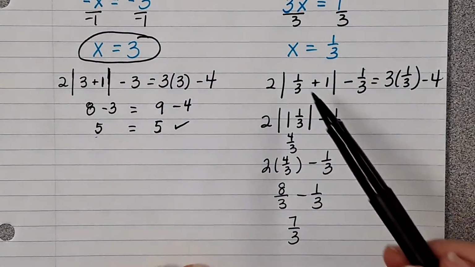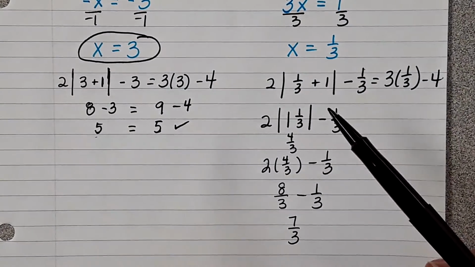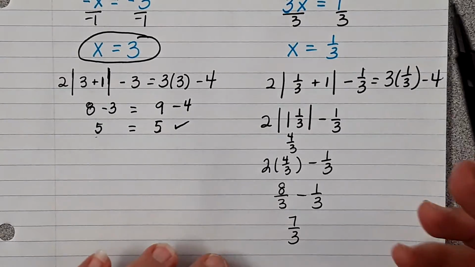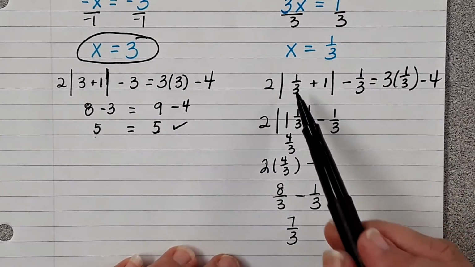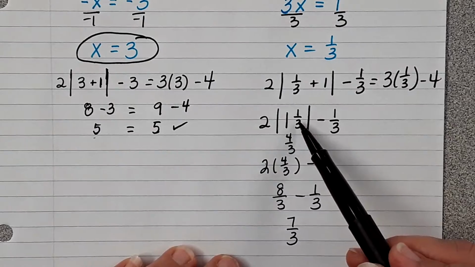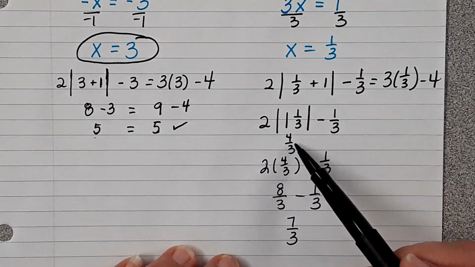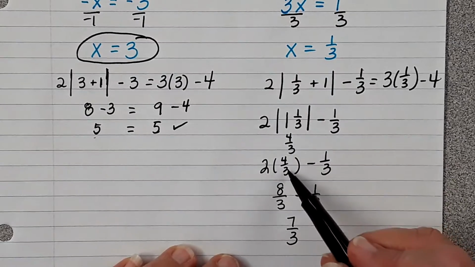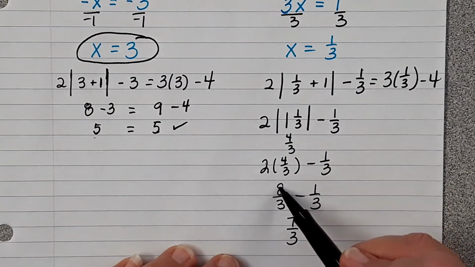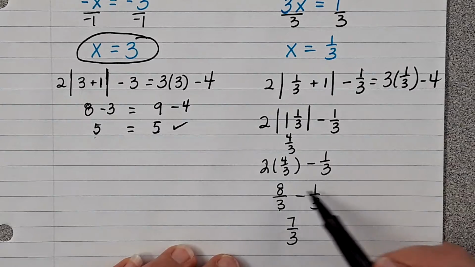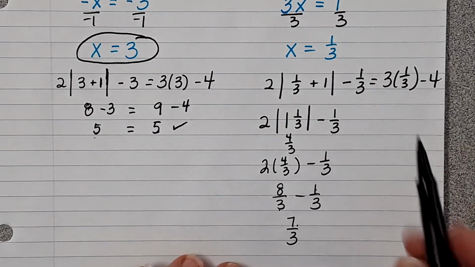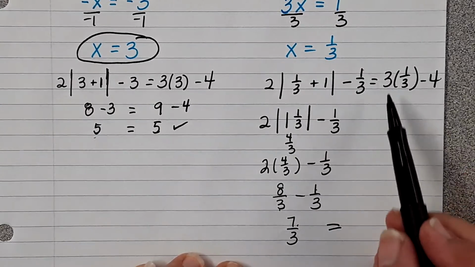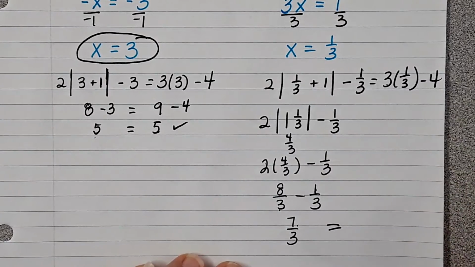So again, I just plugged in 1/3. This is something you could also do in your calculator, but I'm just showing you. 1/3 plus 1 was 1 and 1/3. I changed it to an improper fraction. You told me the absolute value of 4/3 is 4/3. 2 times 4 is 8. You leave the 3. 8 minus 1 is 7/3. Now, what is 3 times 1/3?